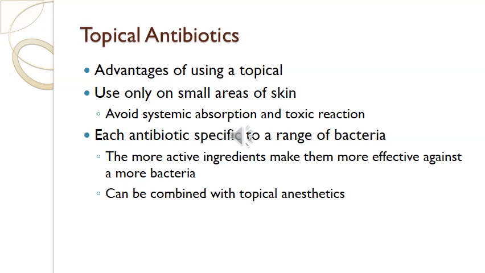So they actually have 3 different antibiotics within the topical preparation, and it just makes it a little more universal to a lot of the different bacteria that could get into wounds. And sometimes these will also be combined with anesthetics, which, in addition to helping reduce the bacteria in the wound, can also help reduce some of the discomfort that is caused by the wounds.